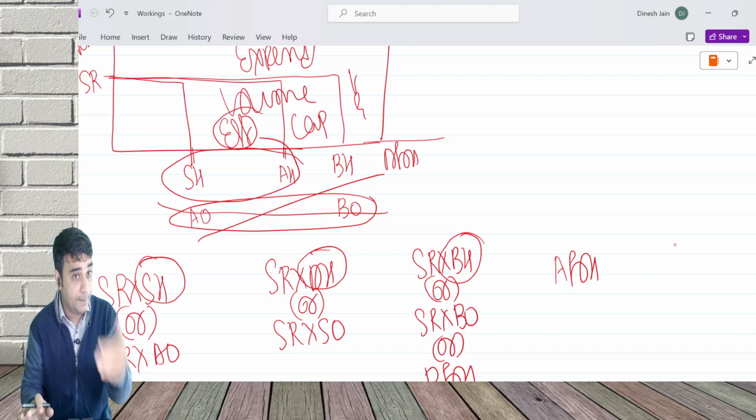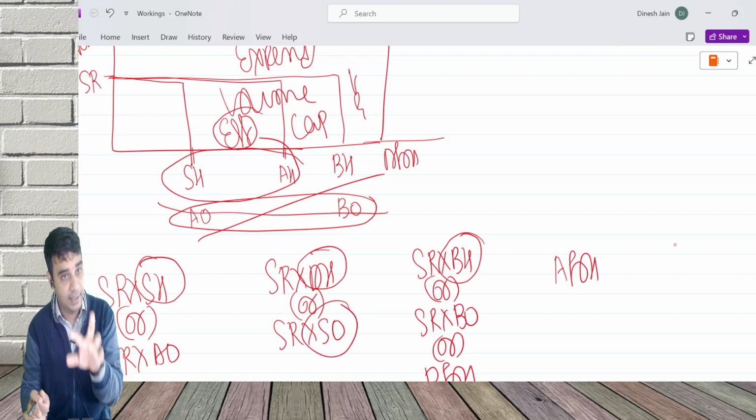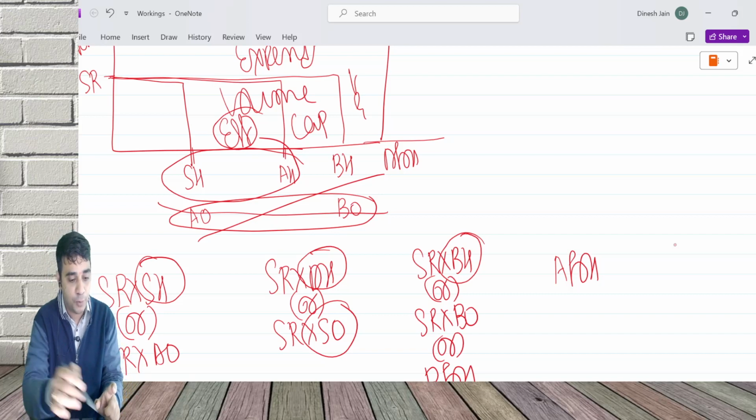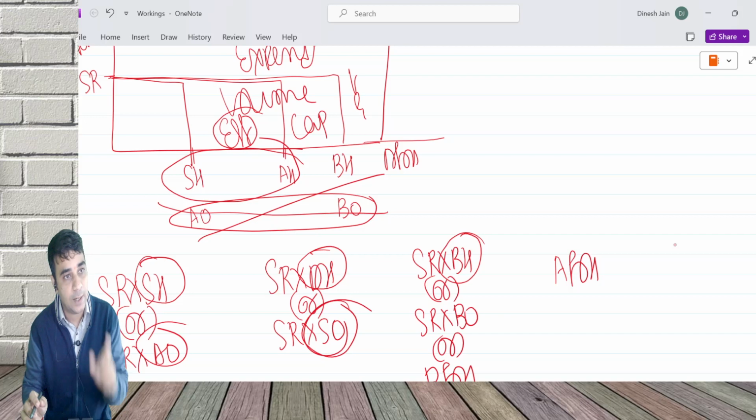If you write AO in place of SH, then in place of AH you will need SO. So it's either SH by AH. If you remember, in the labor chapter, efficiency ratio was standard time by actual time, or actual output by standard output. That formula is coming from the chart.